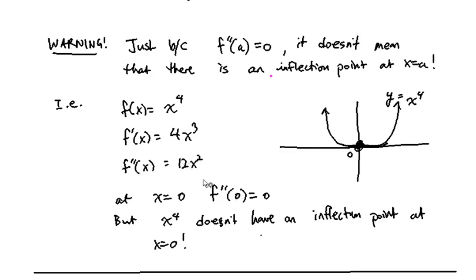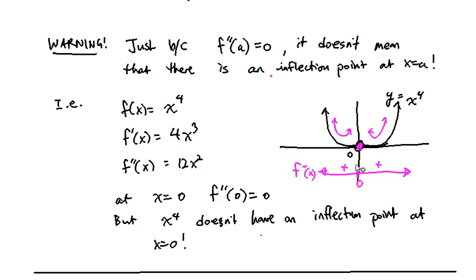So since my second derivative is 0, you would be tempted to say, oh, that must be a point of inflection. But it's not, because if you look at the graph, we have concave up and concave up. So my sign diagram for my f double prime of x is actually positive and positive at 0.